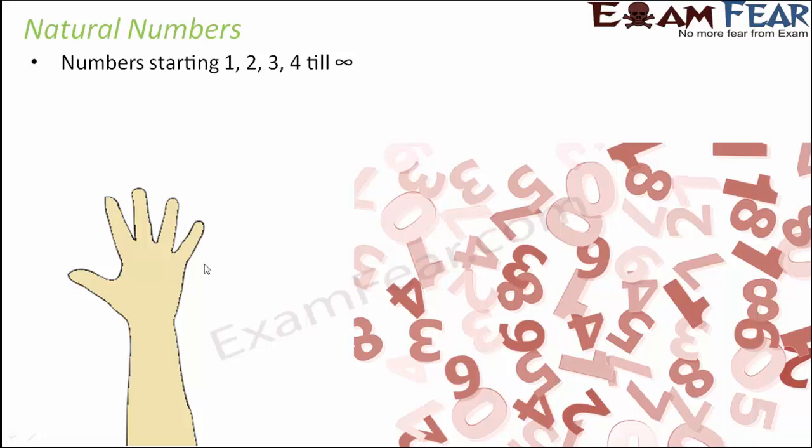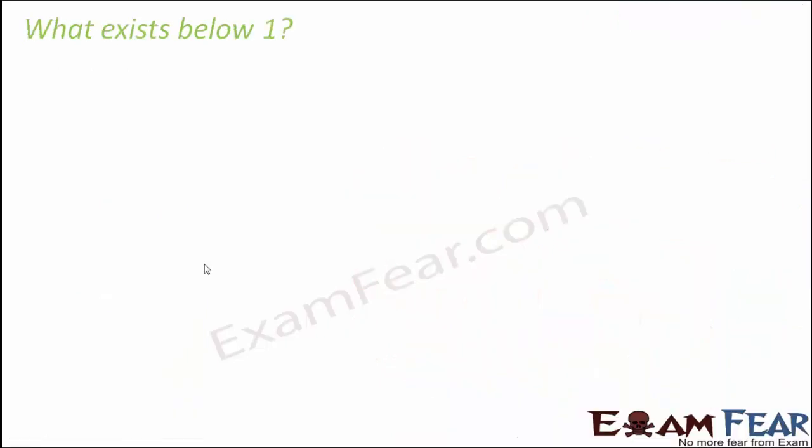Whether you talk about how many chocolates you have, how many books are there inside your bag, how many fingers are there in each of your hands, or how many hairs do you have on your head, you see that you have countable numbers and they are all examples of natural numbers.